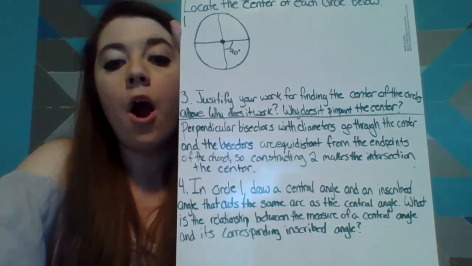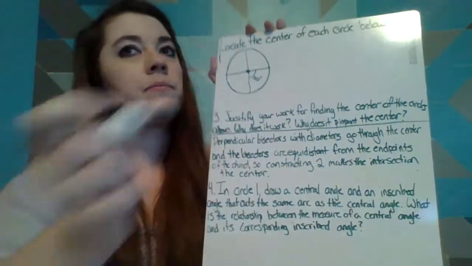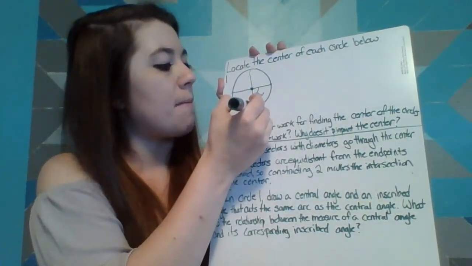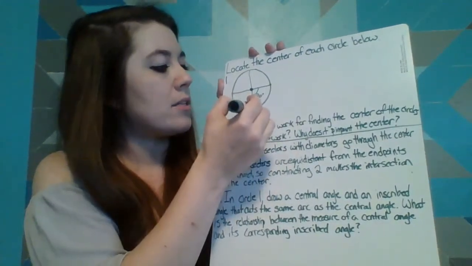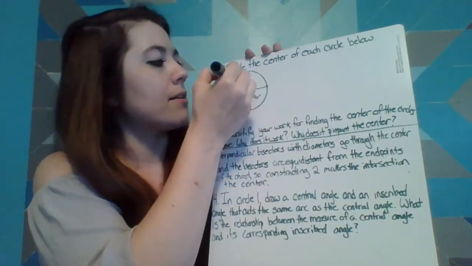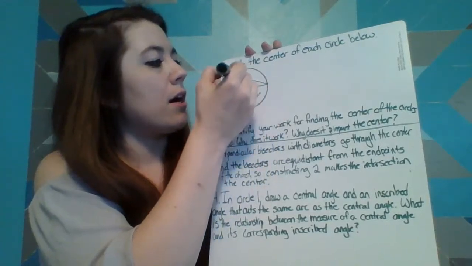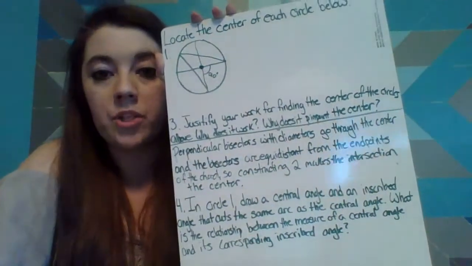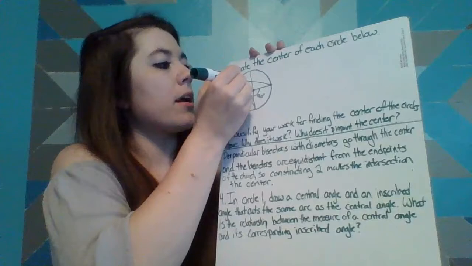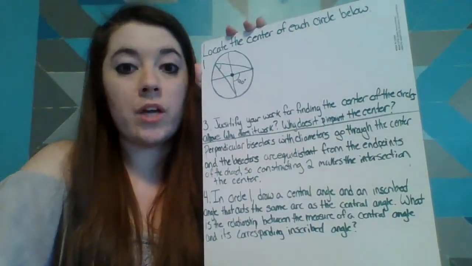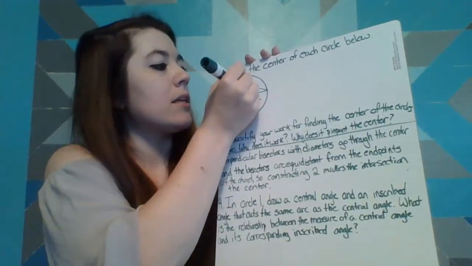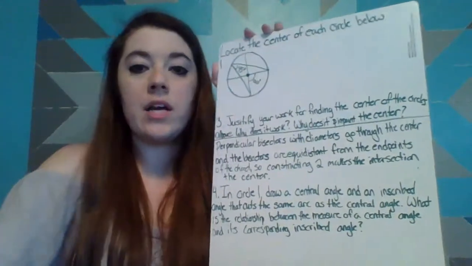Now, for our inscribed angle, that means it's going to have the same endpoints. So this right here and this right here, those are our endpoints. And its vertex is going to be over here on the actual circle. So this is our inscribed angle. Now, the relationship for this, you guys should know it, is 45 degrees.